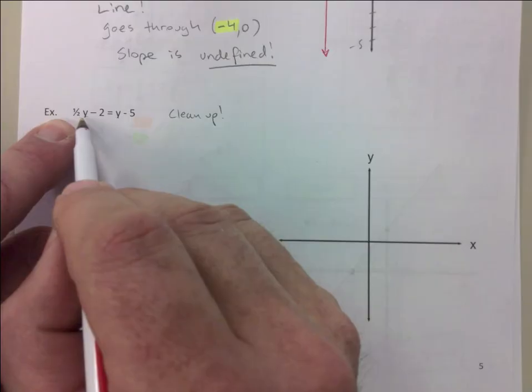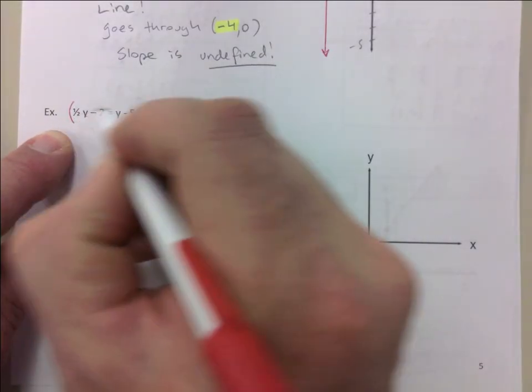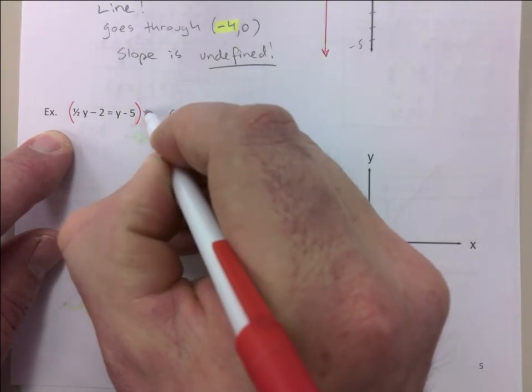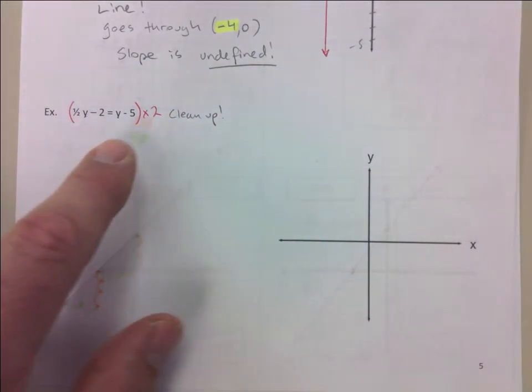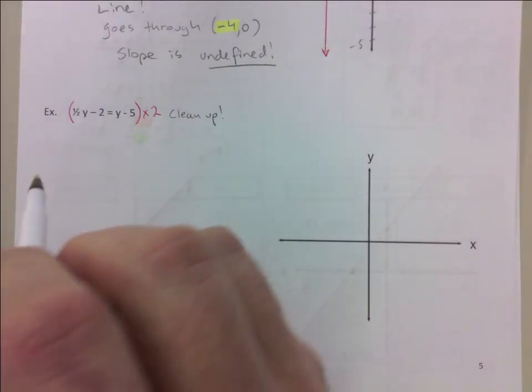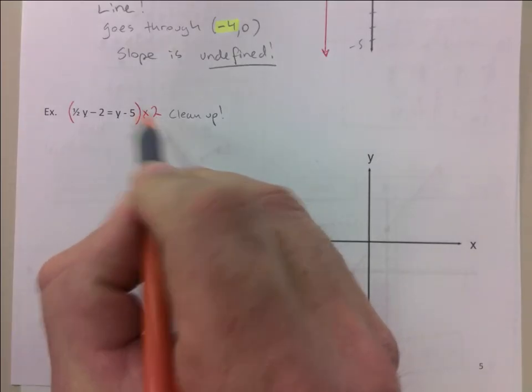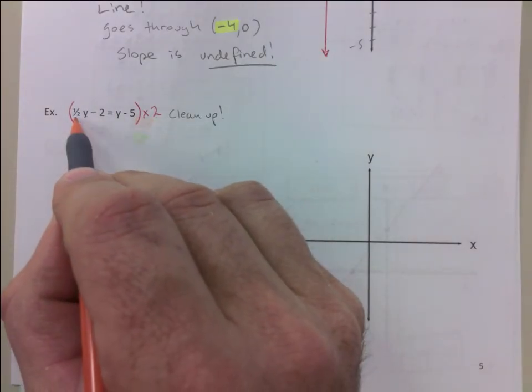So this 2 is technically underneath, right? It's like 1/2 y. So I'm going to get rid of that. I'm going to multiply this whole thing by 2. Yes, you can write it like this if you want. So 2 times half is just 1, right?